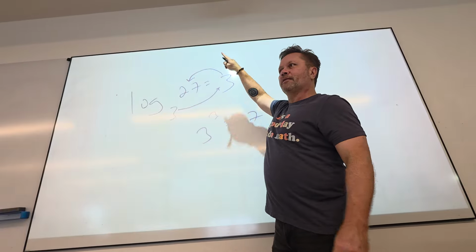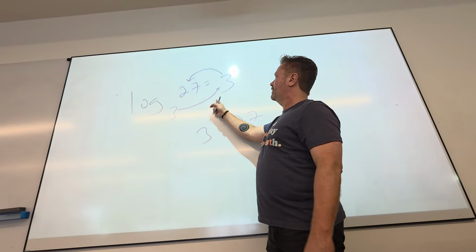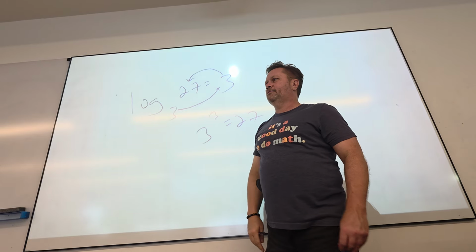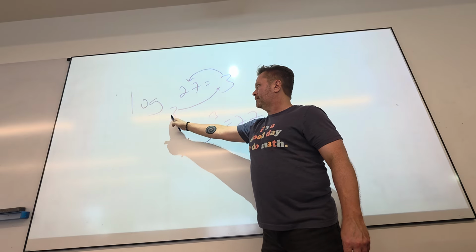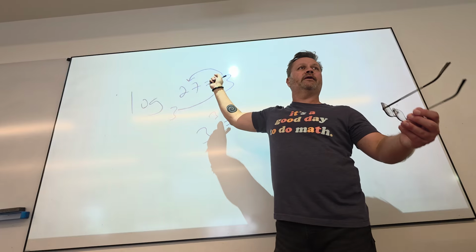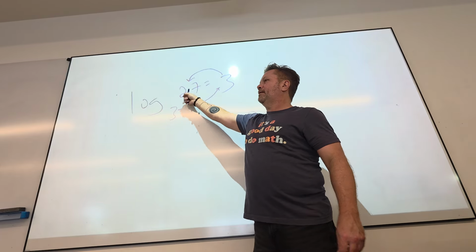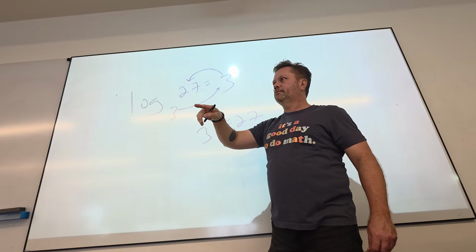If you don't like that, it's fine. One of my colleagues calls it the snail. That doesn't make any sense to me, to be honest, but I like washing machine. So, what's the output of a log always? The power. The power that the base needs to become this. Right? And now I've got the power of voodoo.